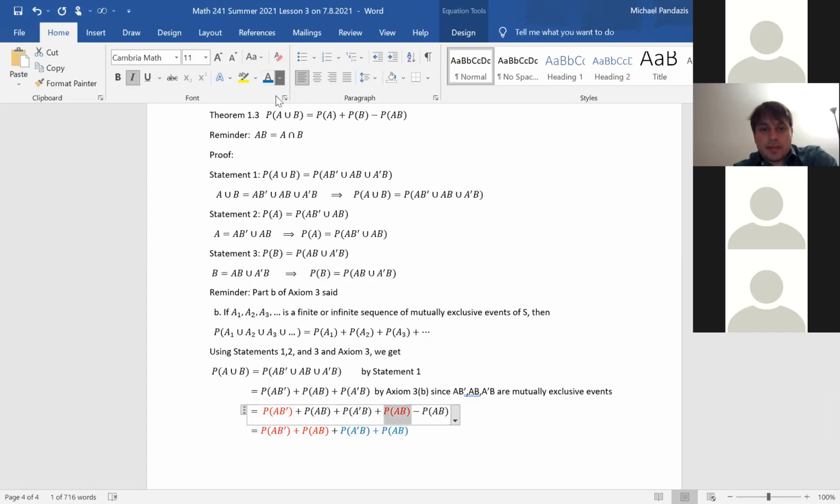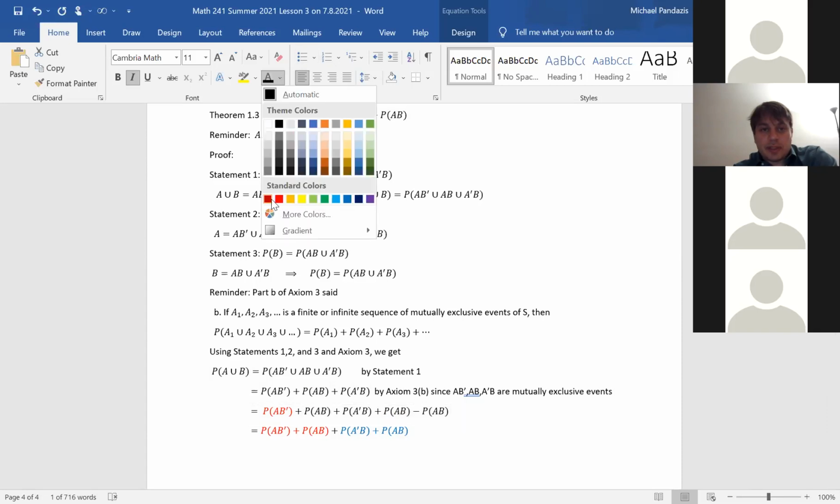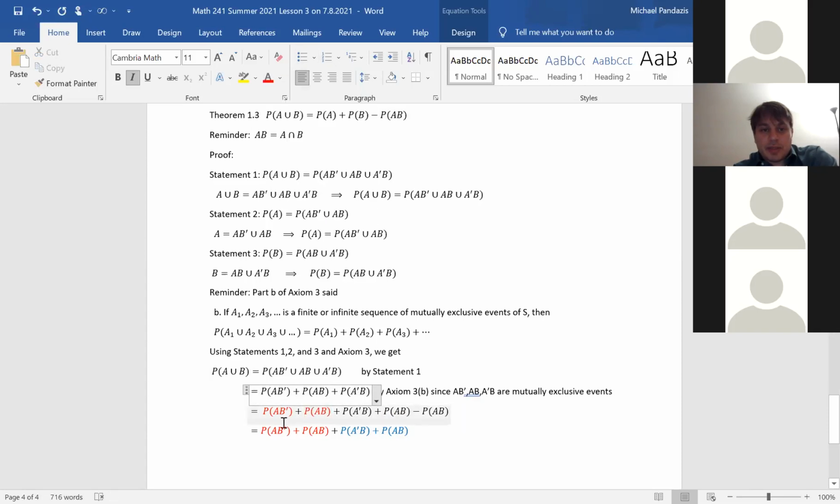I'm going to use this P of AB here for the red. Okay, so this plus this is this, and then this I'm going to use blue. Okay, so we have the sum of these two things plus the sum. You know what? I'm writing the same thing, but that's all right.